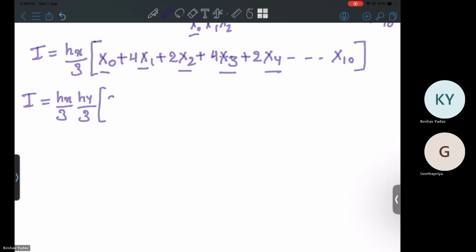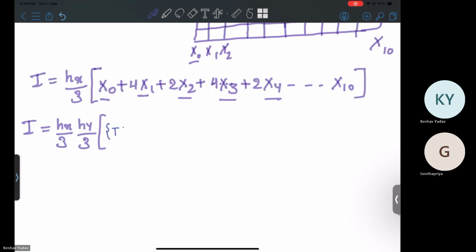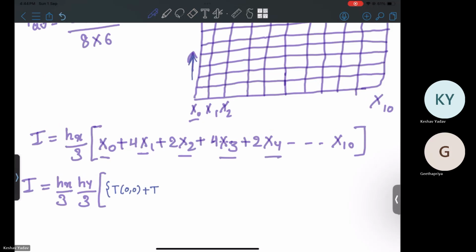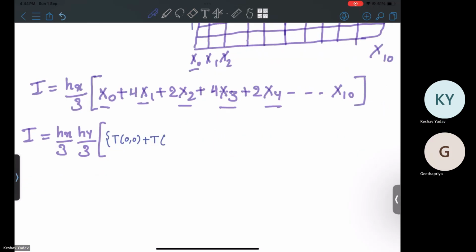Now I write, suppose here, this coordinate 0, 0, t0,0 plus, for this line I am writing now, suppose this is ij I am writing, so t0,1.